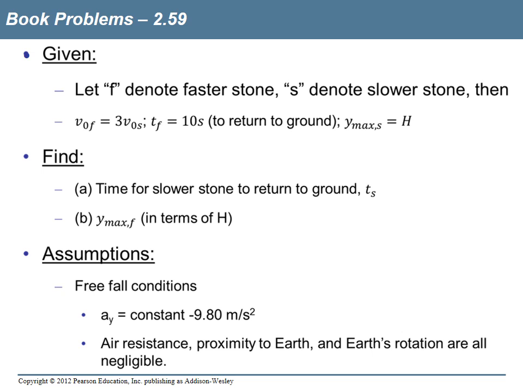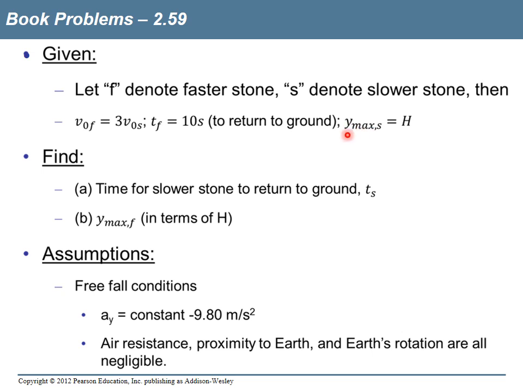So V naught F is the velocity at time equal to 0 of the faster stone, or the starting velocity of the faster stone. And this is equal to 3 V naught S. So this just says that the starting velocity of the faster stone is equal to 3 times the starting velocity of the slower stone. The time of the faster stone is equal to 10 seconds, and this is to return to the ground. This is all the way up and then all the way back down, right?